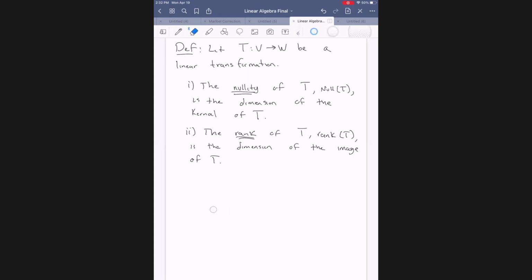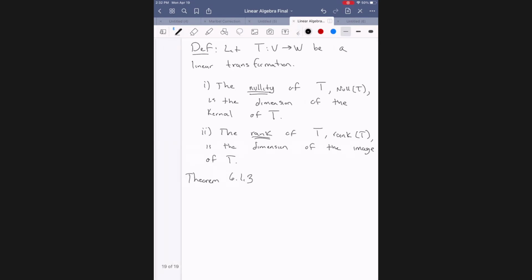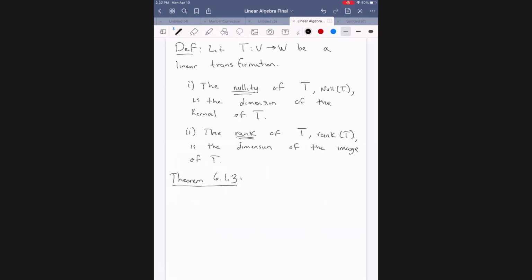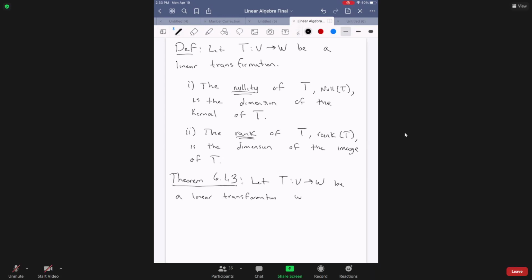So let me write it down. This would be 6.1.3. Let T from V to W be a linear transformation, where V and W are n-dimensional.